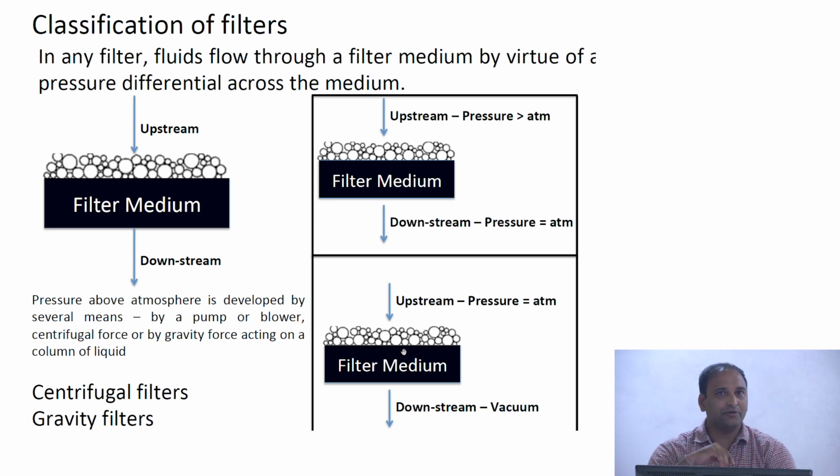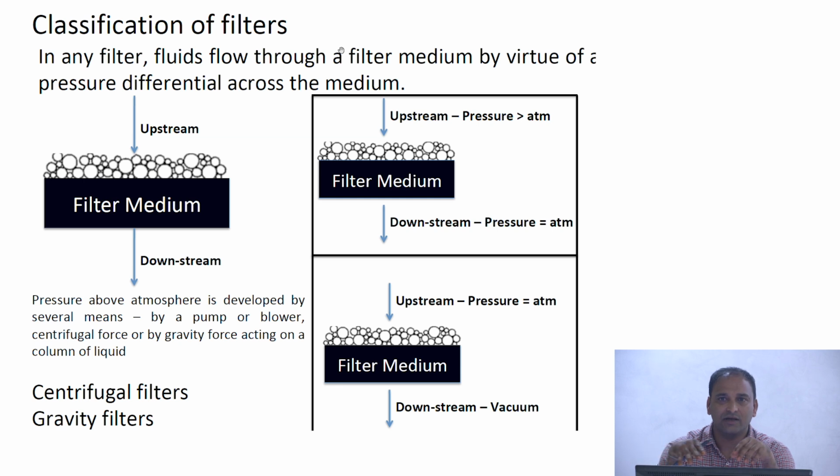I just want to spend a little bit of time talking about classification of filters. Whenever somebody carries out a filtration operation, typically the fluid flow through the filter medium occurs because of the pressure difference that you maintain. We know that for any fluid flow to occur, you need a pressure difference.